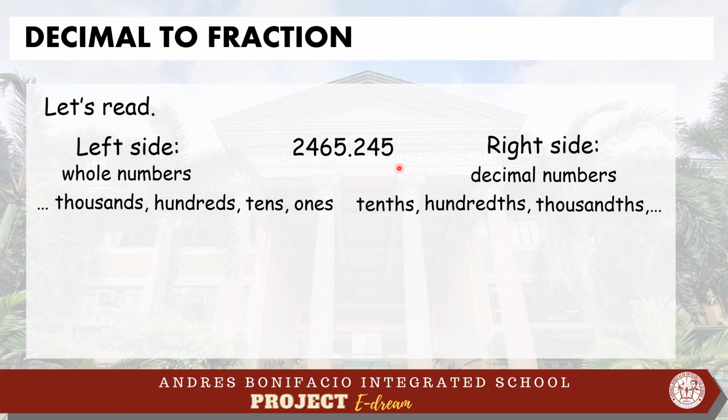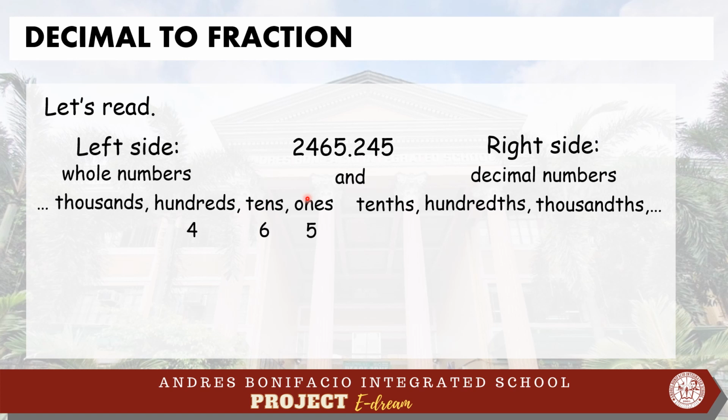Okay. So, ano po ang tawag natin dito sa decimal point na to? How can we read this decimal point? So, this decimal point class can be read as and. Okay. So, let's identify the digit of a number ng mga place value na ito. So, dito sa whole number natin, yung ones natin is 5. Yung tens natin is 6.